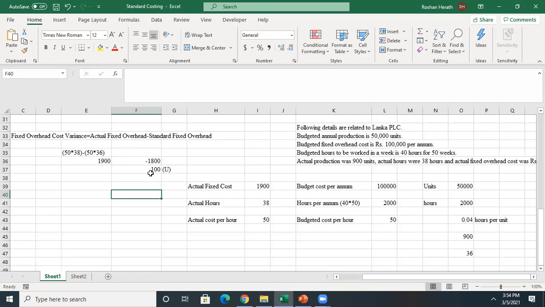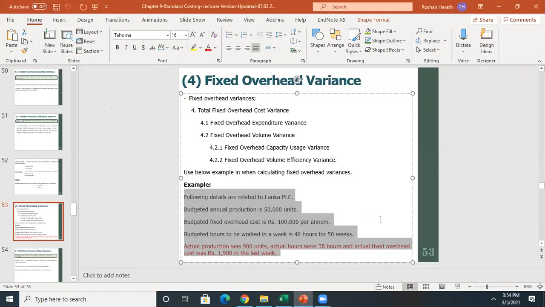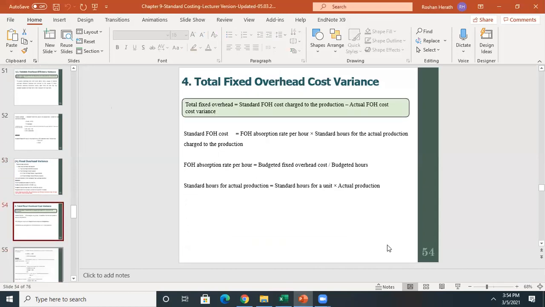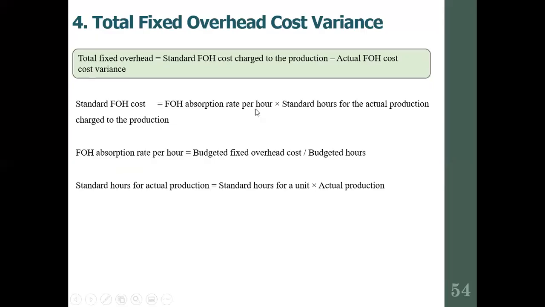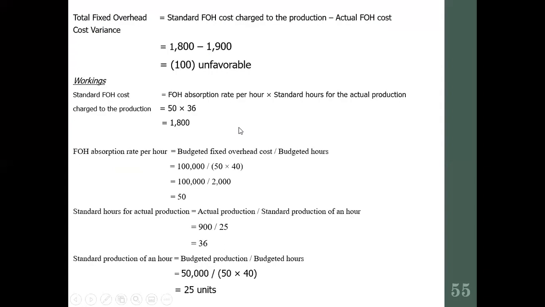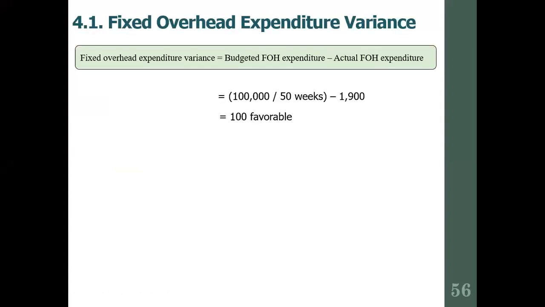Right. Now, if you wish, you can dig into them further. So having identified the total cost variance, you can then look at the fixed overhead expenditure variance. How do you take the fixed expenditure variance? It is the actual fixed overhead minus the budgeted fixed overhead.